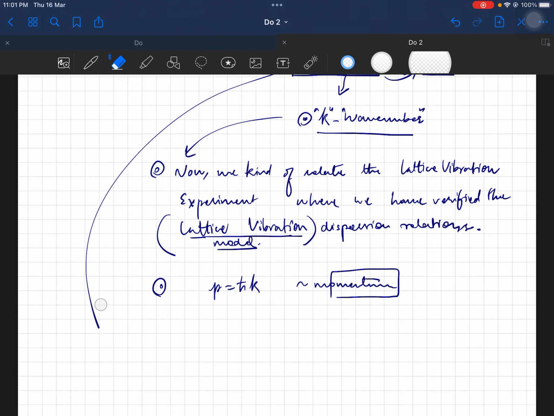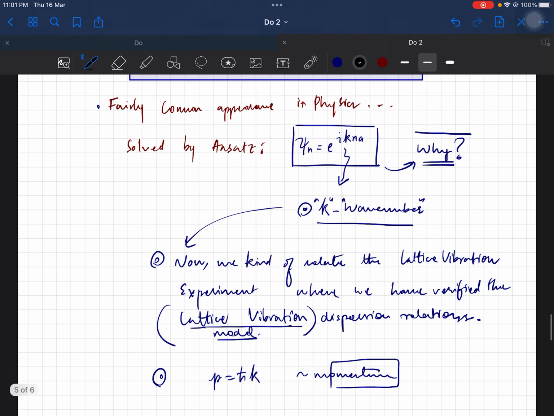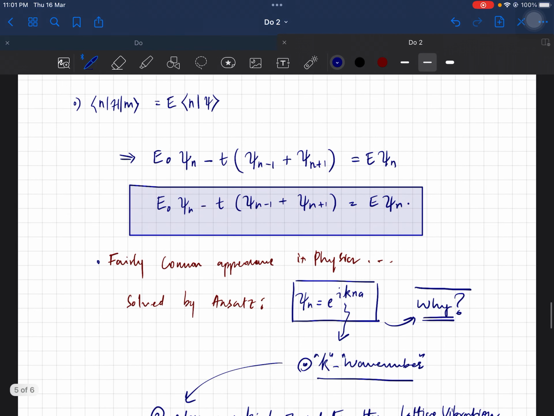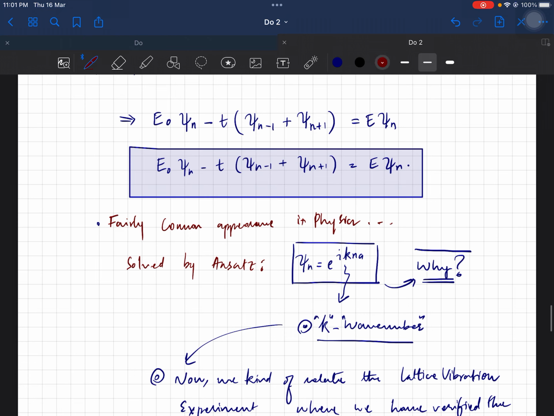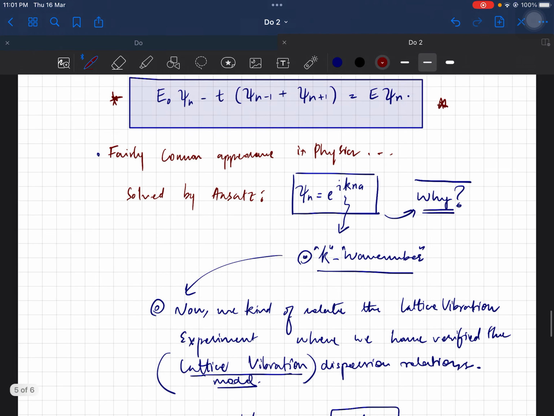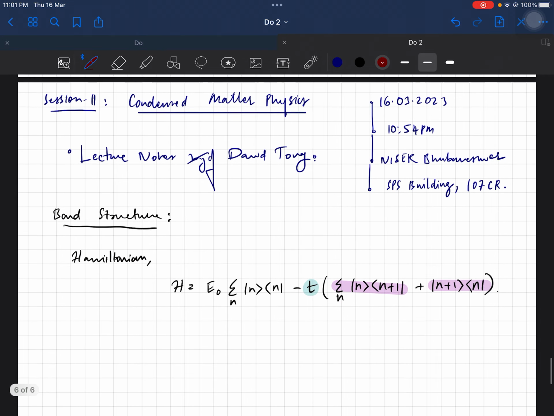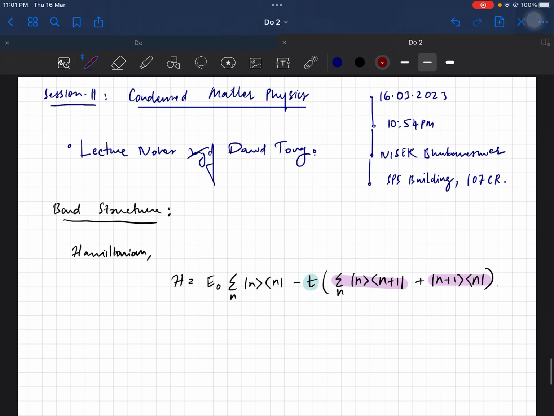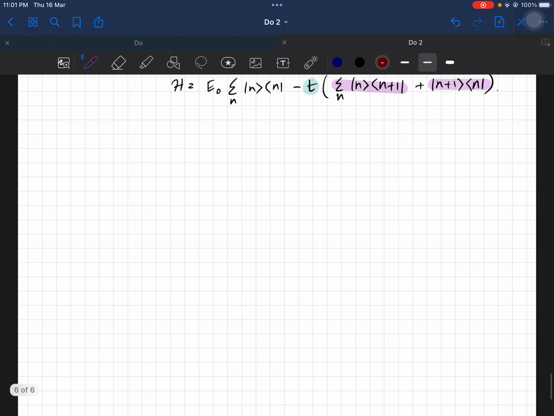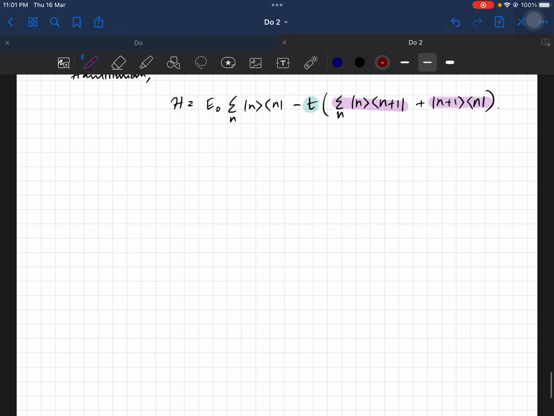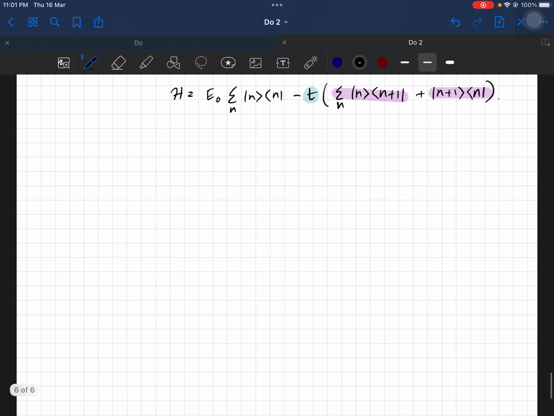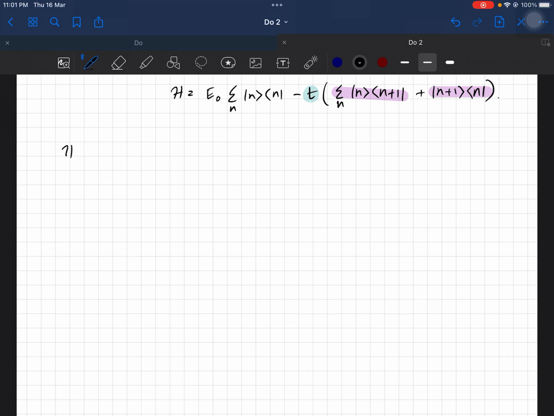I don't want to go into the Brillouin zone now. I'll start from this linear equation right here. I'll redo the calculation, it's not a problem.